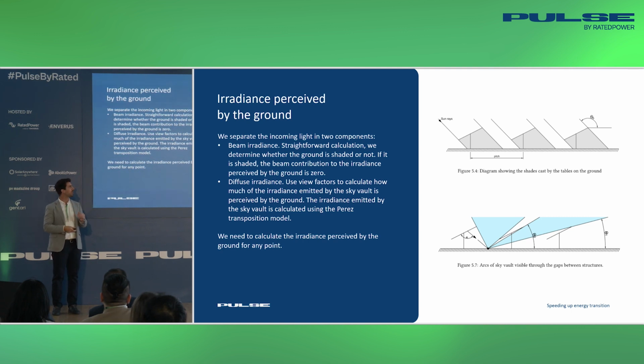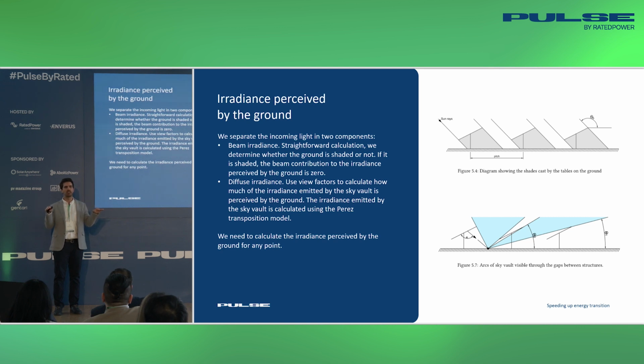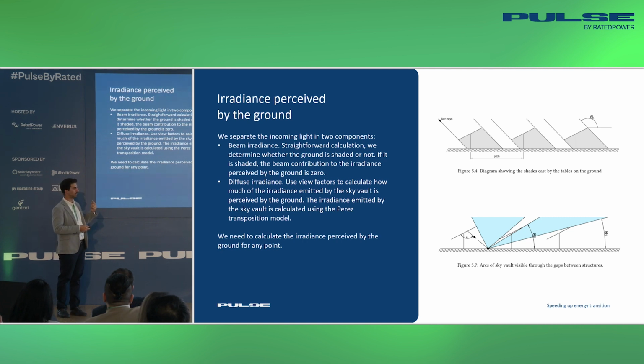So to do that, we use the Pérez transposition model, and usually you transpose to a tilted surface, but you can also use the model at a horizontal surface, right? And the Pérez transposition model separates the diffuse irradiation in 3 components, which are the circumsolar, so the corona of the sun, the sky vault itself, and the horizon profile.